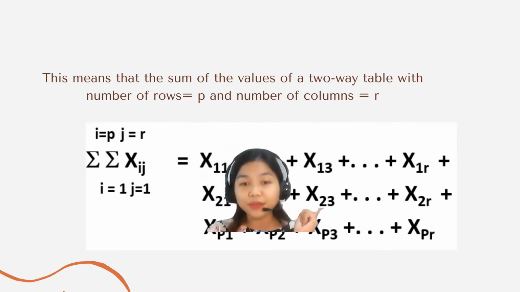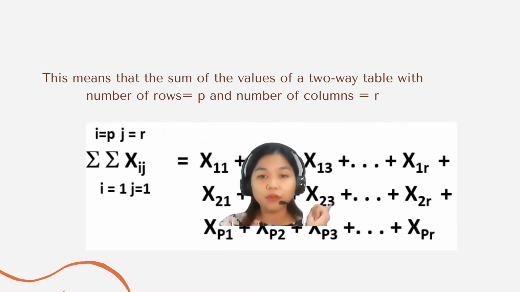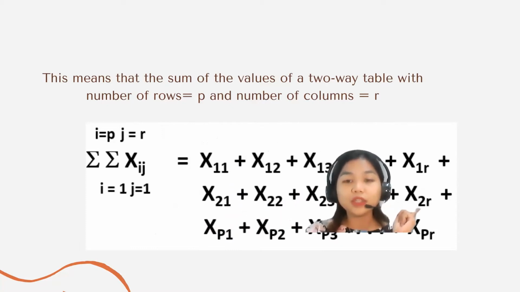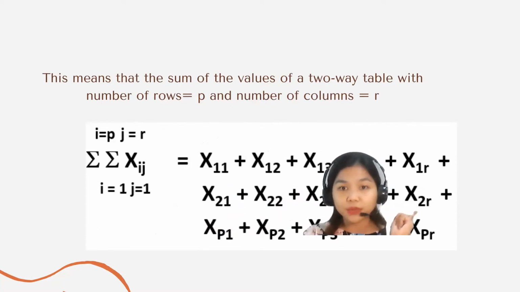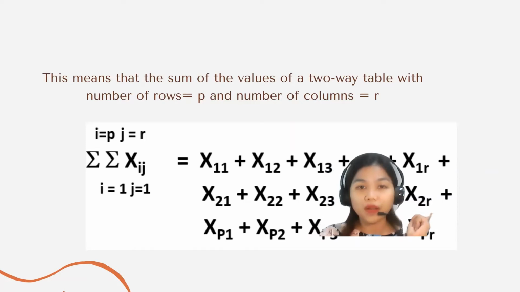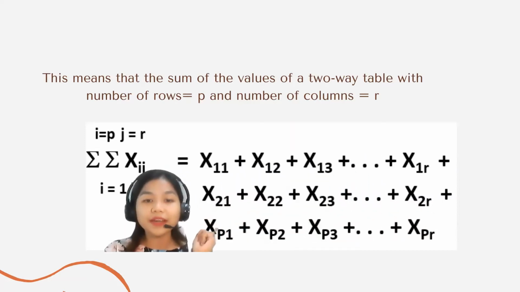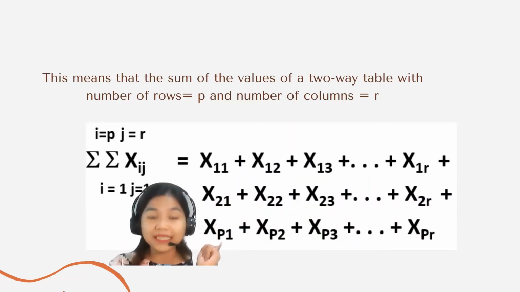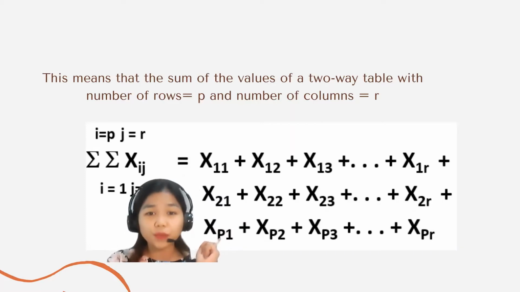And then the value found at X row 2, column 3, until you would reach the very last value on the second row, which is X row 2, column R. Then we have here XP1. P stands for the rows.